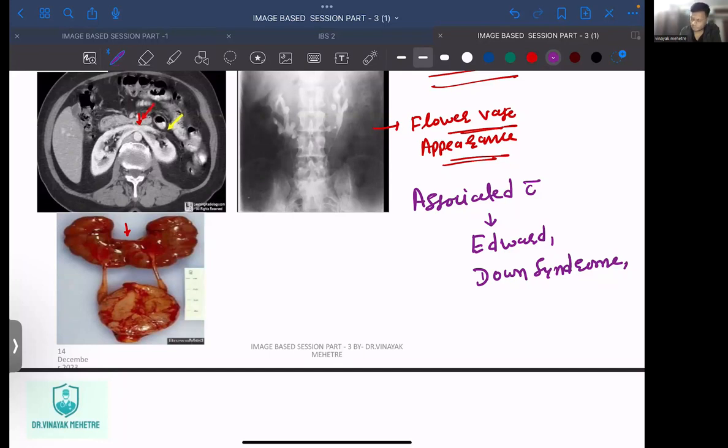Then comes Turner, correct? Turner syndrome. You can remember by the mnemonic EDTA. A for association, right? So the mnemonic is EDTA.